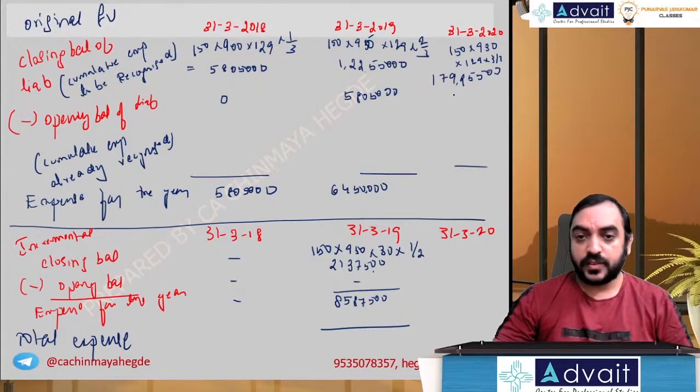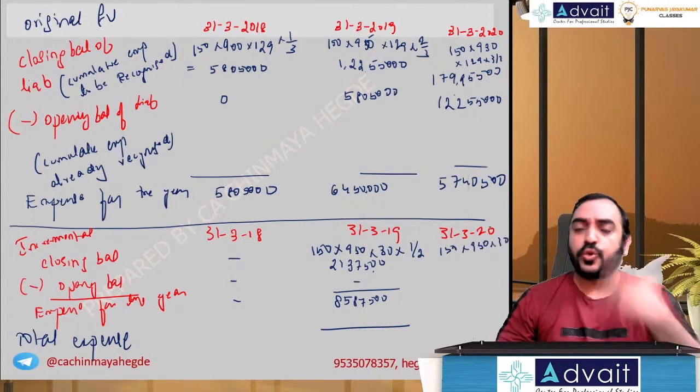Subtract the opening balance, that is previous year closing balance, 1 crore 22,55,000, which gives 57,40,500. And this year, same you do 150 into 950 into 30 into 2 by 2.